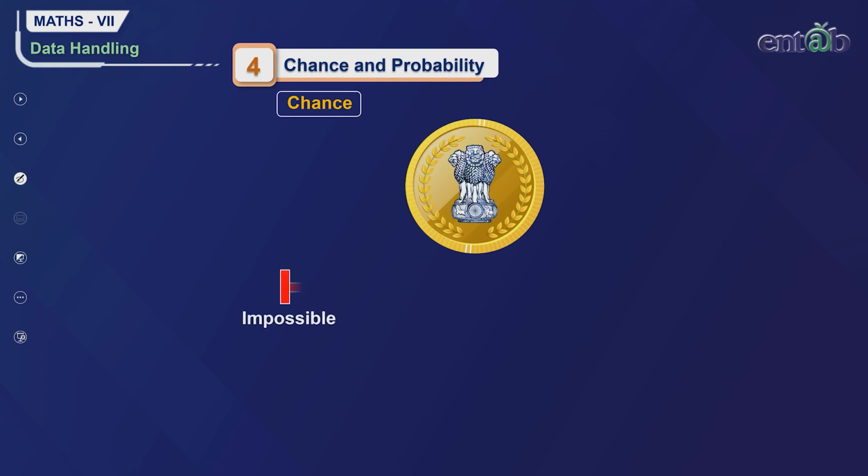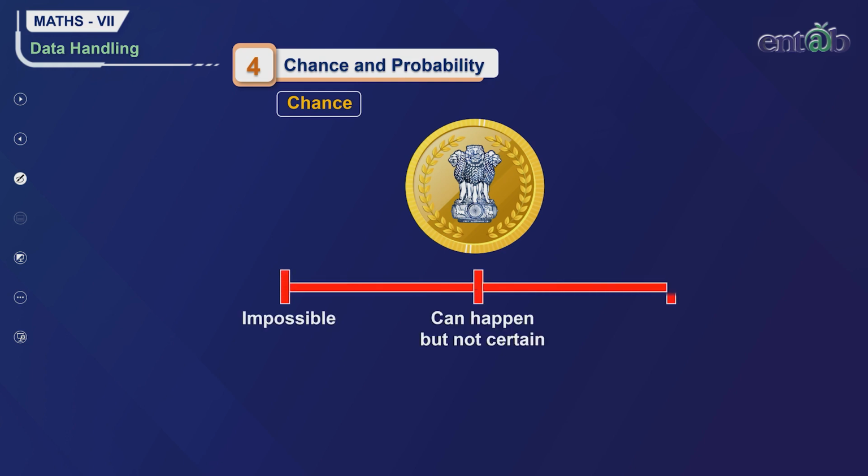First is impossible, when an event is impossible to happen; second is can happen but not certain; and the third one is certain. When an event is more unlikely to happen, it moves from can happen to the impossible side, and when an event is more likely to happen, it moves from can happen to the certain side, right?